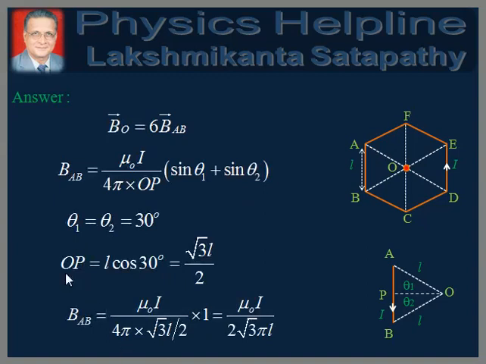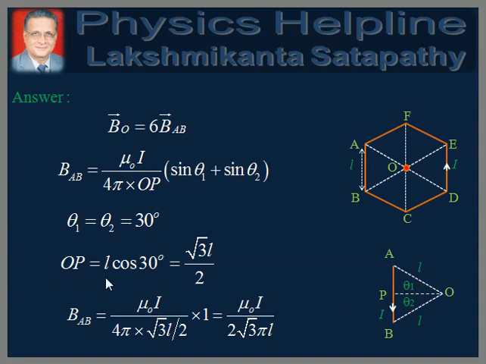Now, for the length OP. OP by AO is equal to cos θ. Therefore, OP is equal to OA into cos θ1, that is L into cos 30 degrees.